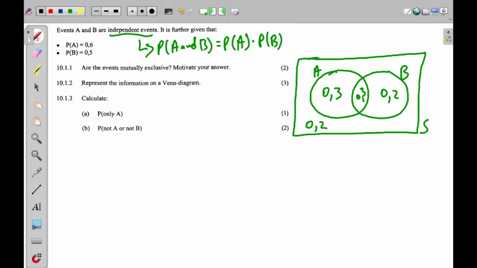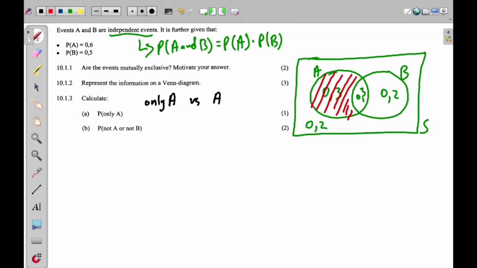Yesterday we talked about the importance of knowing the difference between only A and A. And I repeat again, if I want only A, it means I will shade the part of A that does not involve the intersection.